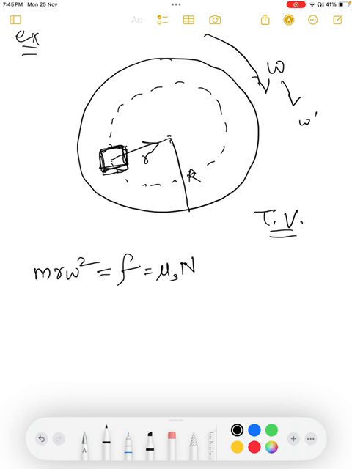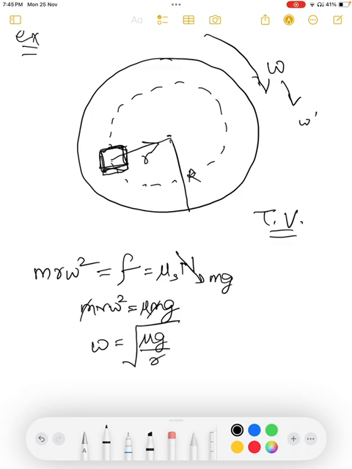Here the normal reaction can be taken as mg. So when we equate them both, the angular velocity turns out to be square root of mu g by r. So this is the angular velocity which you do not have to exceed in order to avoid the block from slipping.